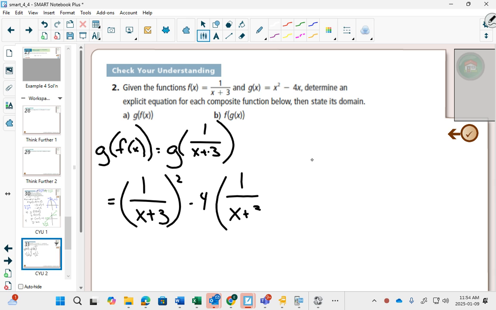So see how that function notation works? Whatever you plug in is going to get squared minus 4 times whatever you plug in. And then from this, this is going to be 1 over, you all right if I just write this like this?